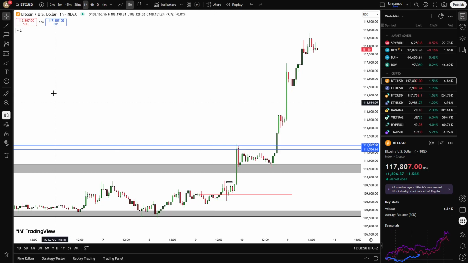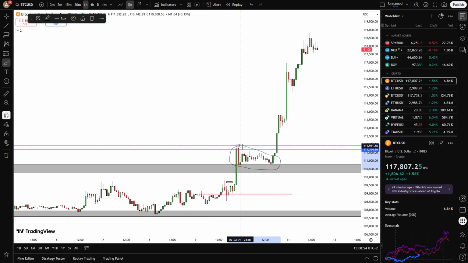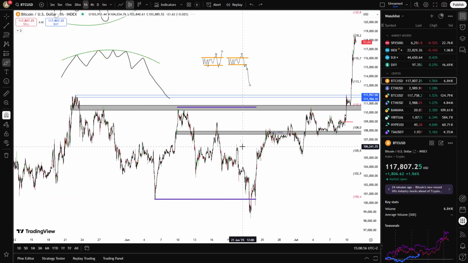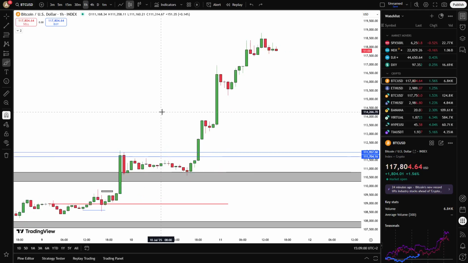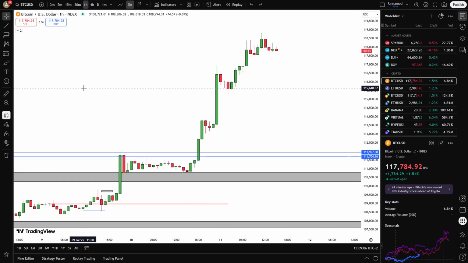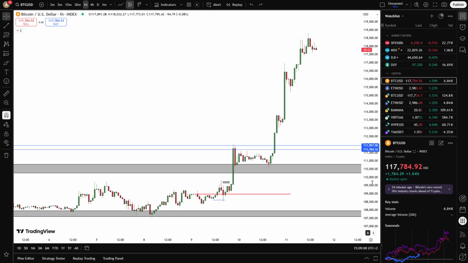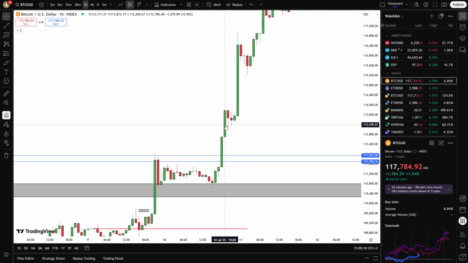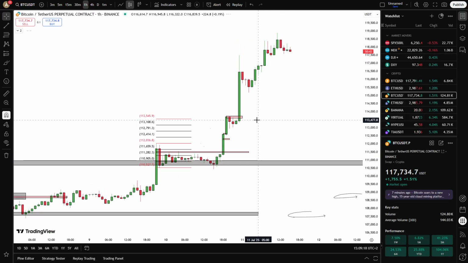Because logically, we had an initial break from this consolidation, which also was that previous resistance right there. So from this is where we made that first impulse. And the thing I pointed out is, what do you want to see? You want to see a compression, and then the compression should break if you want to trade it towards the downside.